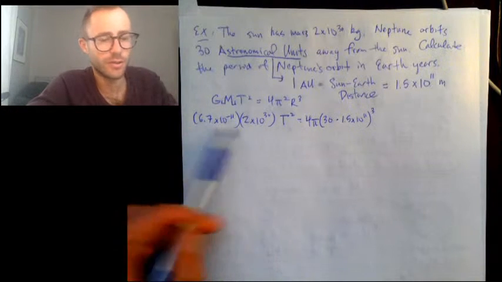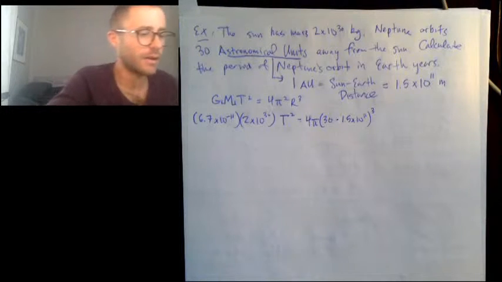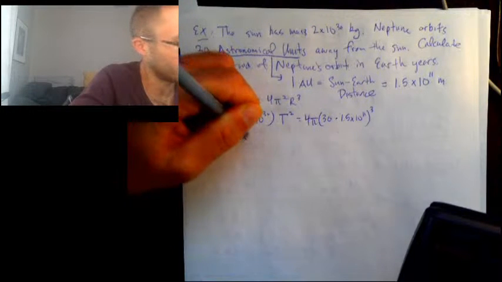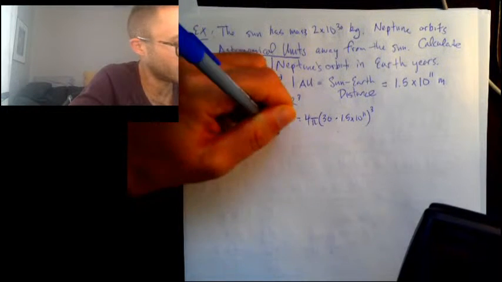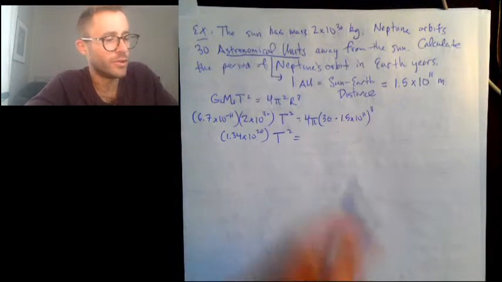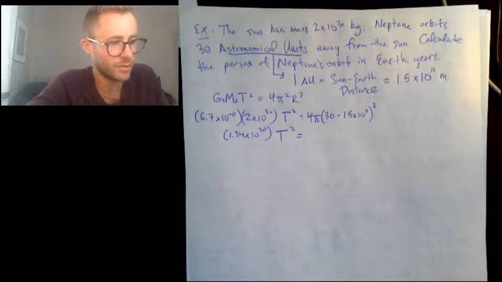So multiplying these two numbers together, I get 1.34 times 10 to the 20th times period squared. Now when you cube this scientific notation number, you want to put the entire thing in parentheses.